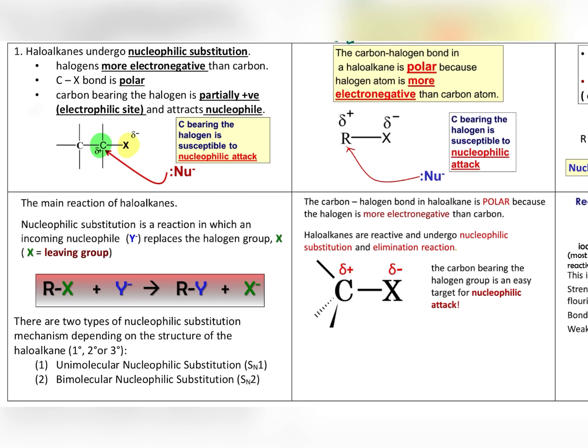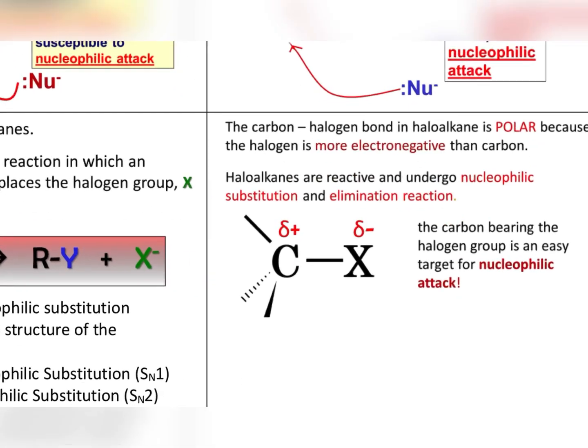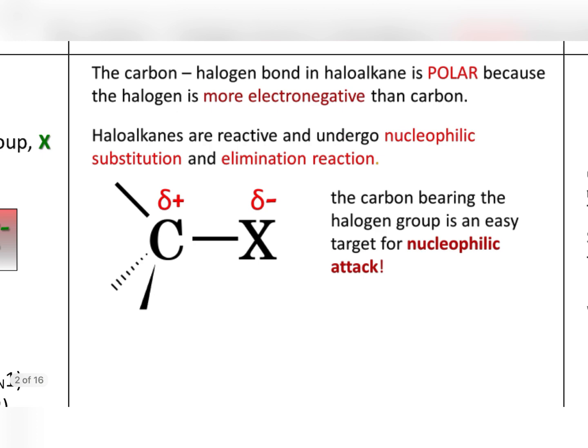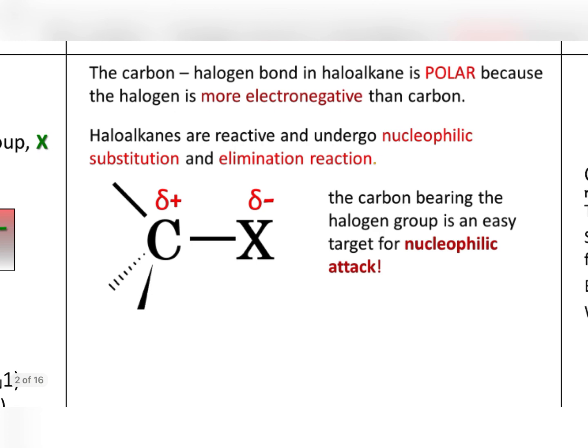Okay, so this will make the CX bond. Okay, kalau kamu tengok dekat this part, okay, mesti zoomkan. Okay, so you can see here, the carbon-halogen bond in haloalkane is polar bond. Kenapa polar? You already learn kalau polar means ada satu side partially positive, satu side partially negative.